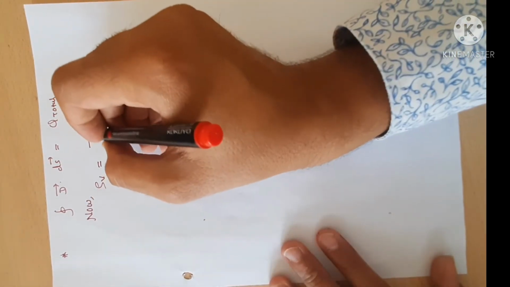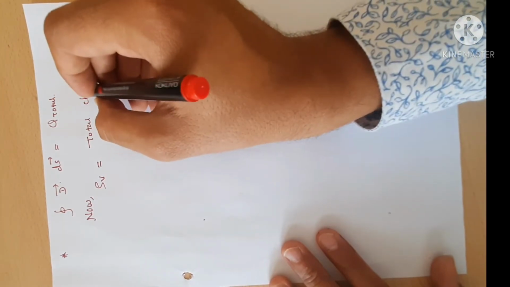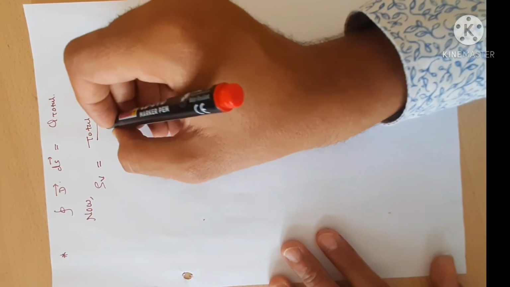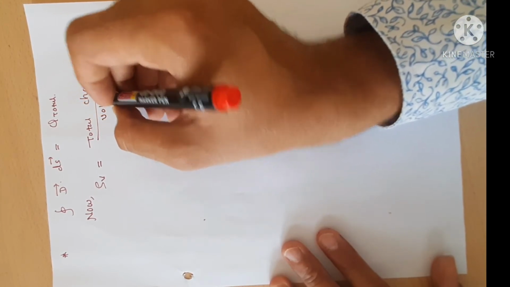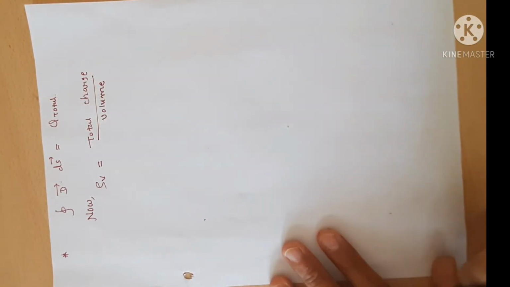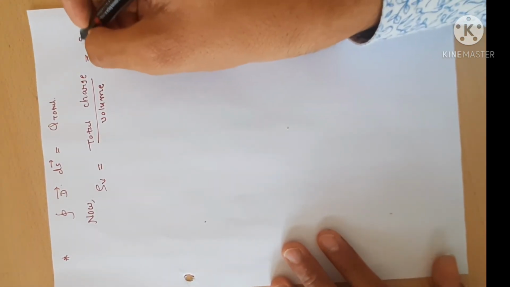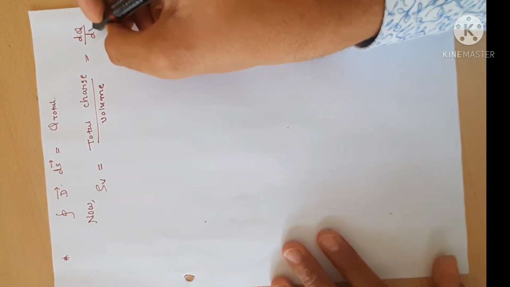Rho v is called the volume charge density, that means total charge per unit volume, and it is denoted as dq by dv if we consider a differential volume.